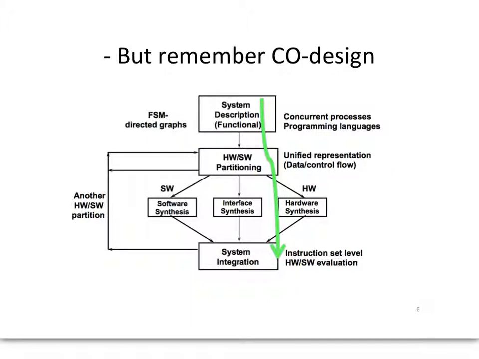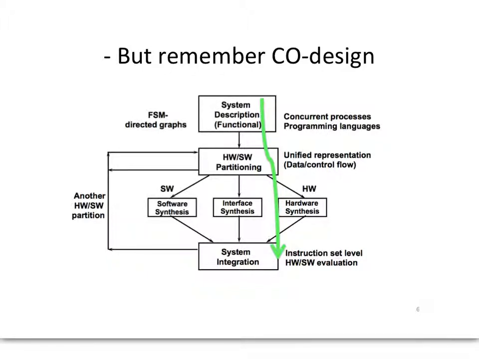They are somewhat similar to what you saw on the previous slide, where we always start out with having a system description. That would be the functional description of what we are trying to build. Once we have it specified and divided into functional blocks, we would typically do some hardware-software partitioning to figure out what functionality needs to be implemented as hardware and what goes into software.